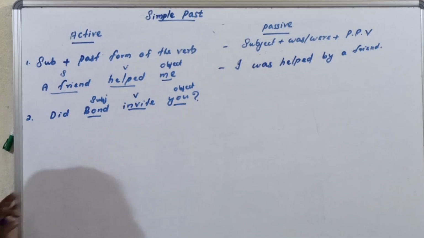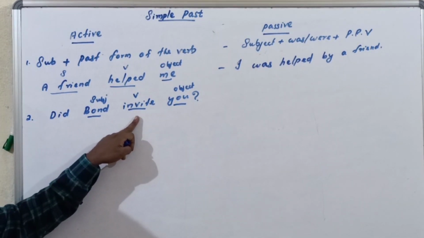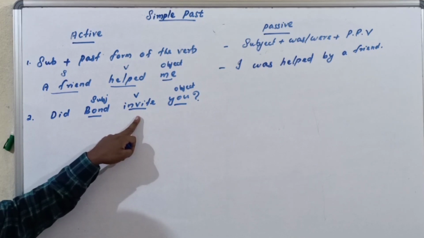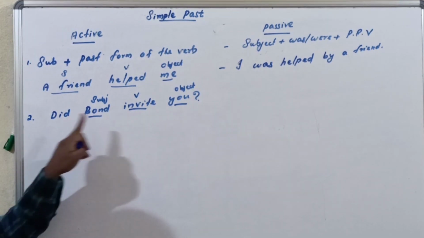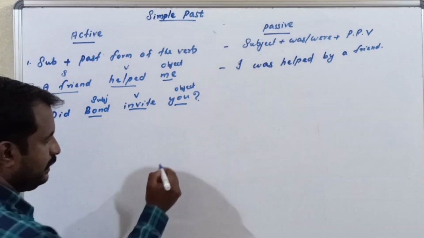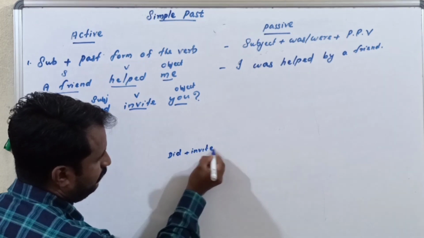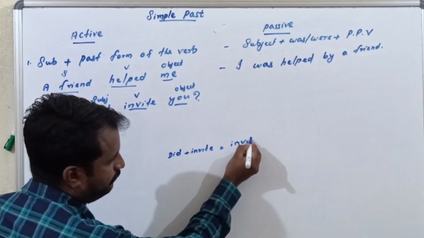And always remember, here invite will come, because did plus invite is known as indirectly invited. That means did plus invite is equal to invited. Remember it.